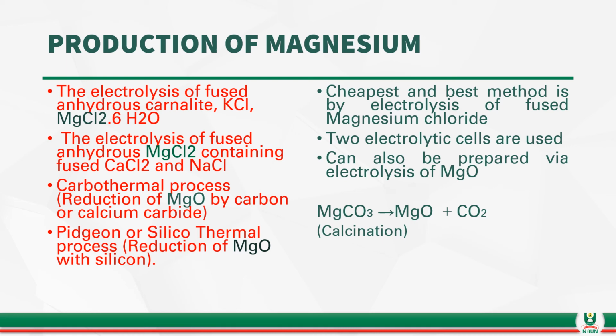The steel tank is our electrolytic cell, and the electrolyte is the mixture of the fluorides. The cast iron is the cathode, and carbon makes up the anodes. When current is passed, the molten electrolyte forms a solid crust at the surface of the molten mass, and the molten magnesium, which is lighter, will rise up and collect below the crust, and then it is tapped off. So that is how we can produce magnesium metal.